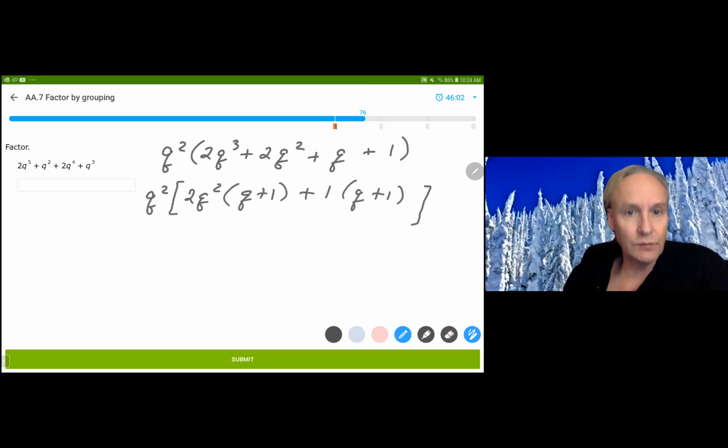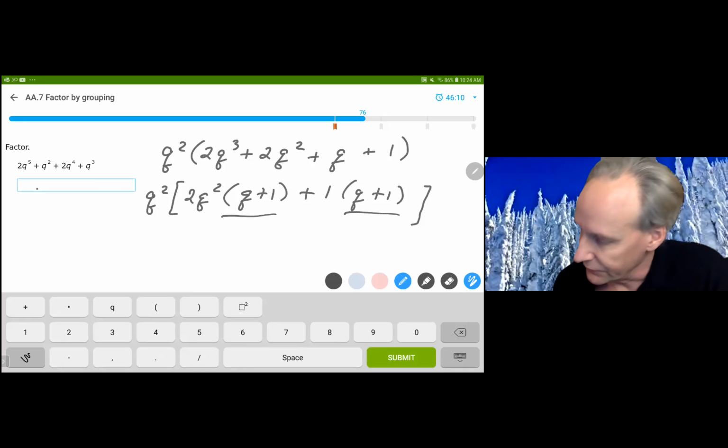The 2q squared plus 1 is the other factor. So I don't know. The other method was just as good, so it works either way. We have a q squared, we have a 2q squared plus 1, and our common factor that we take out is the q plus 1. There it is.